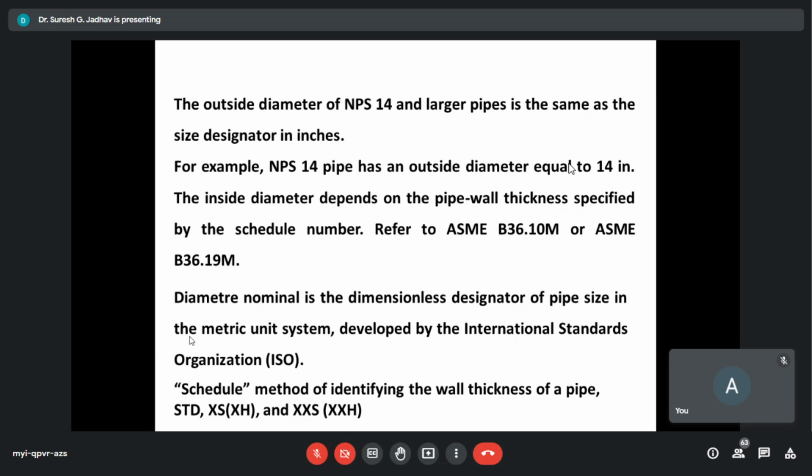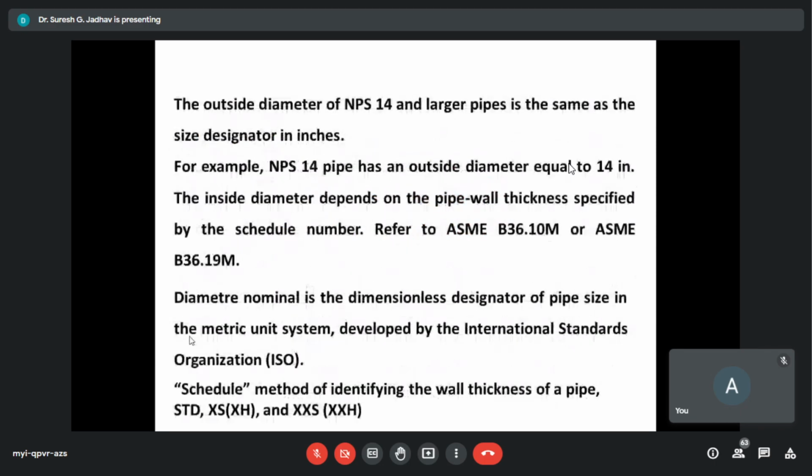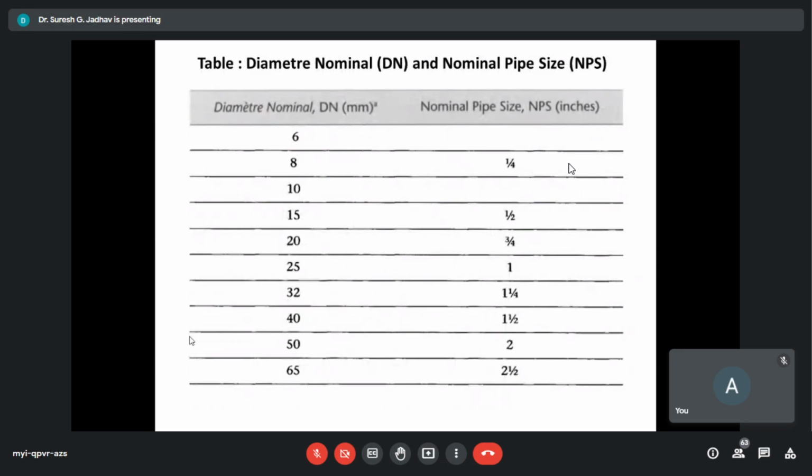In metric unit systems, developed by the International Standard Organization, we call it ISO. In the table, we are given the nominal diameter and nominal pipe size. Here we can see the cross reference between NPS and DN, that is metric units in millimeters.